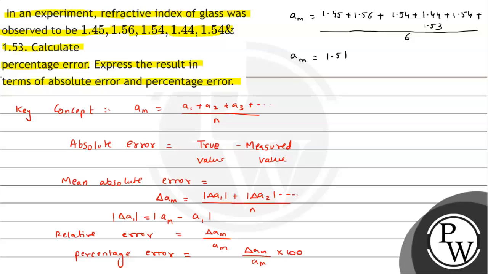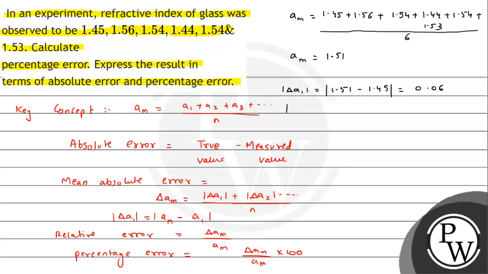अब इसके बाद we need to calculate the absolute error. So first we need to calculate delta a1. So delta a1 क्या मिलेगा हमें? delta a1 will be equal to 1.51 minus a1, that is 1.45, which is equal to 0.06, right? We need to be careful. We will have to take the mod, right?